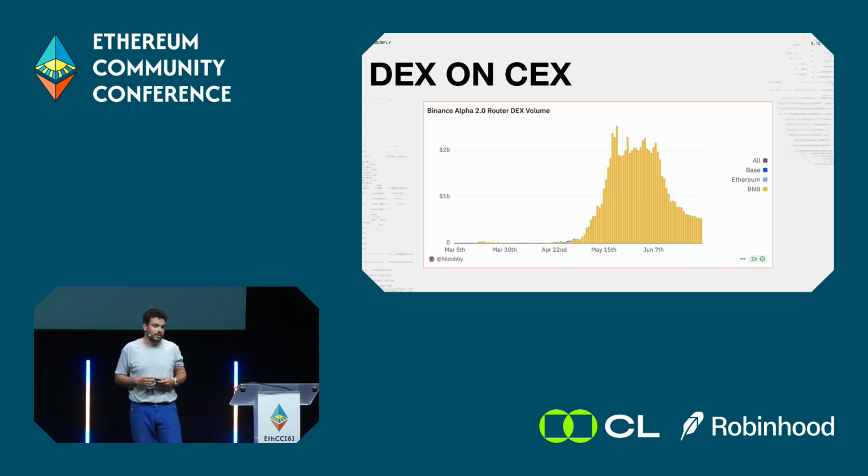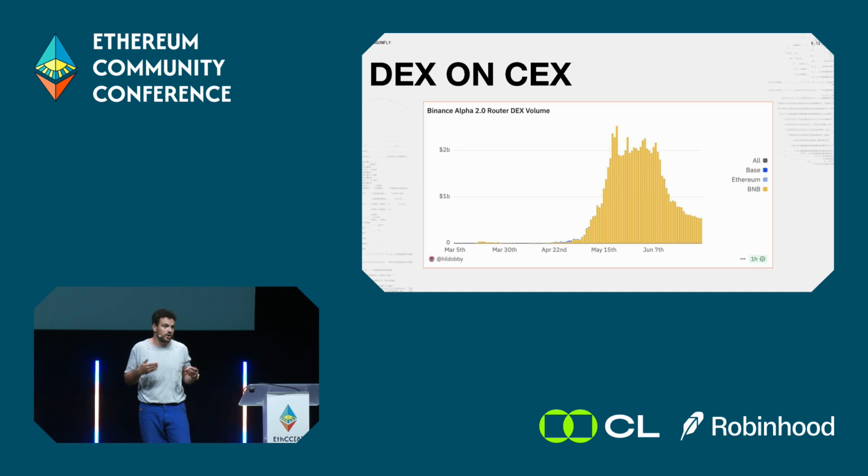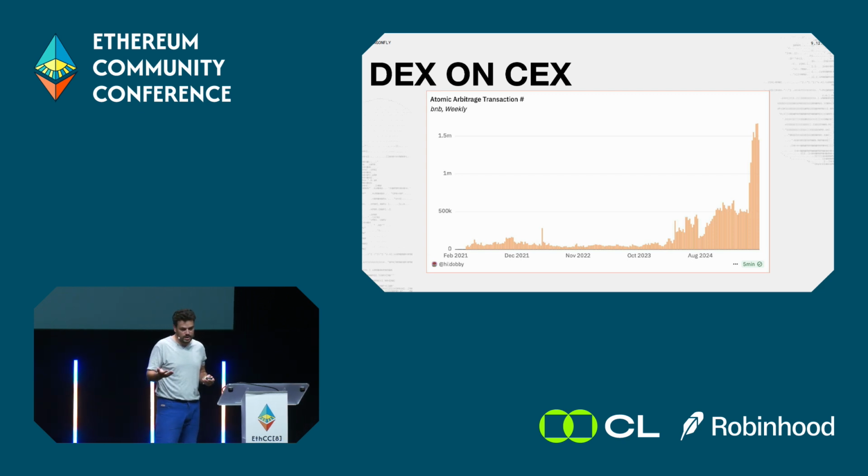You can also expect that other centralized exchanges will step into that space eventually. I think it only makes sense, especially if you consider that tail-end tokens are much harder to list for, so you might as well use the on-chain liquidity and pools that are readily available. Of course, it has a side effect. The more tail-end tokens are being bundled, it also leads to a lot of arbitrage transactions.